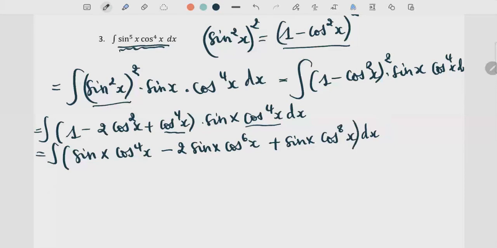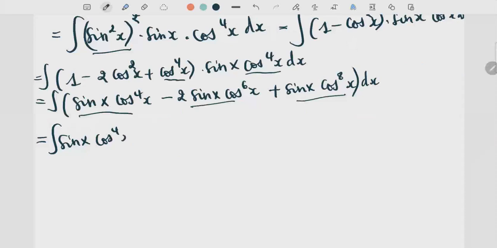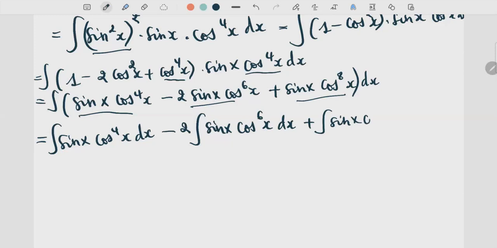So now that we have that, we can integrate these separately. We break them down into 3 integrals: the integral of sine x cos to the 4x dx, minus 2 multiplied by the integral of sine x cos to the 6x dx, plus the integral of sine x cos to the 8x dx.